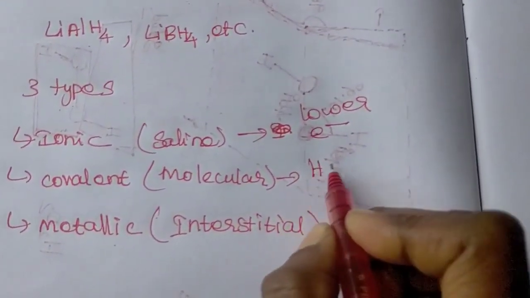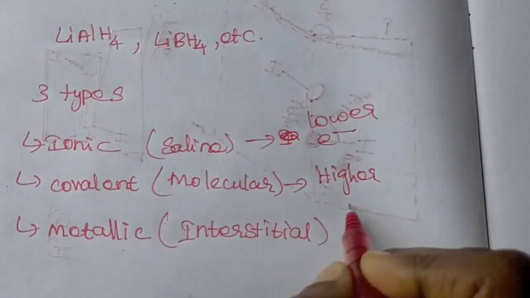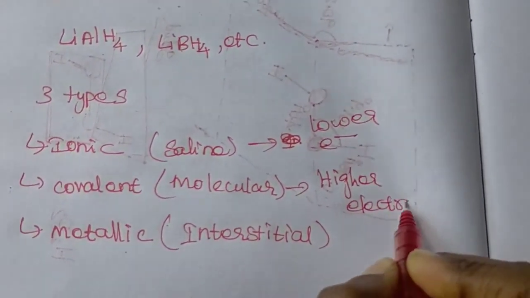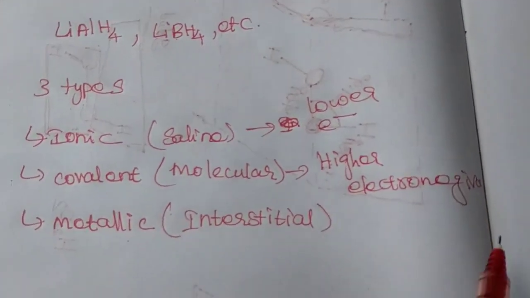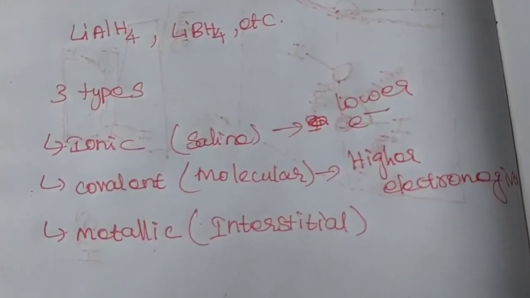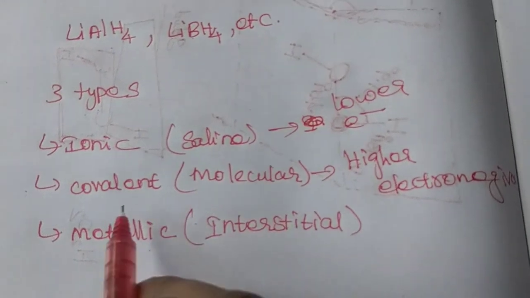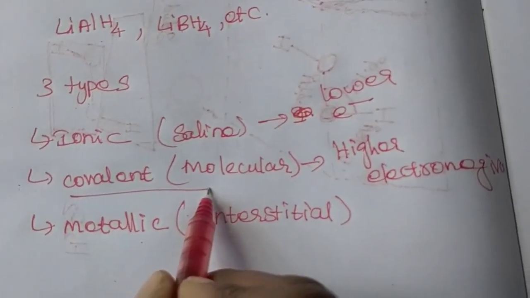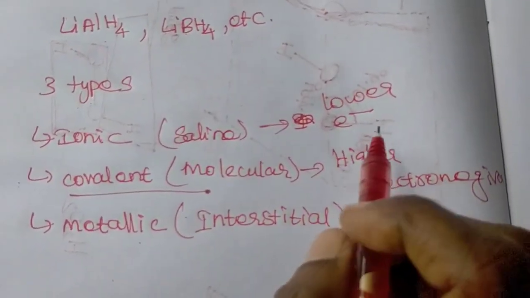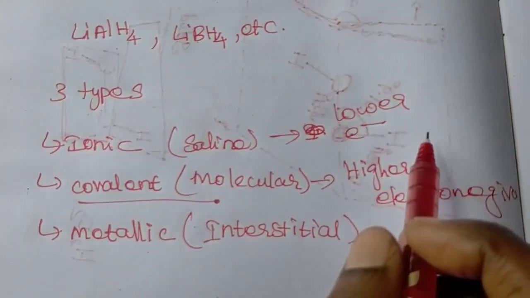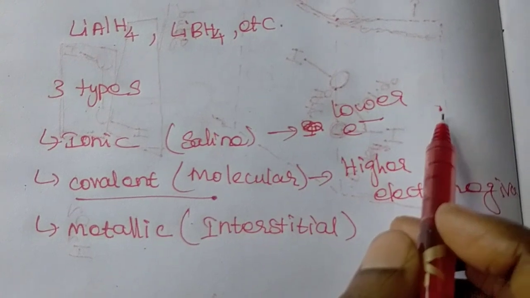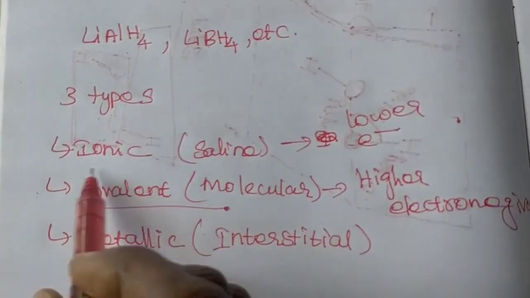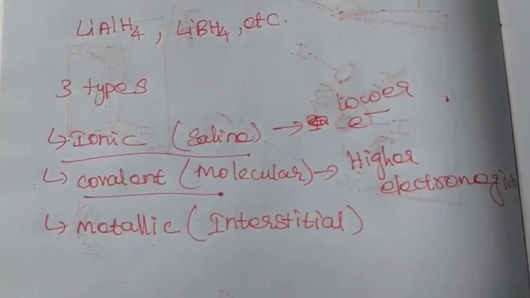When hydrogen is combined with an element of lower electronegativity, it can form only ionic hydrides.